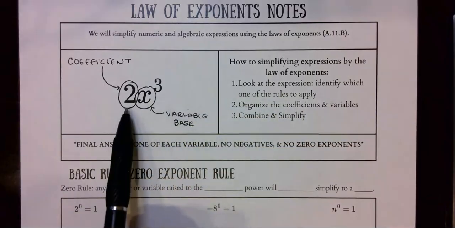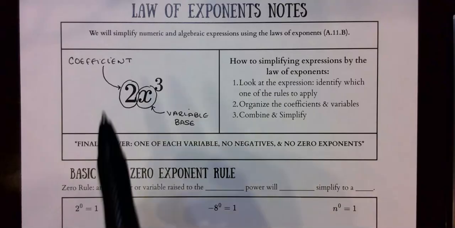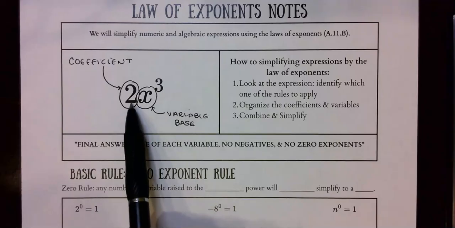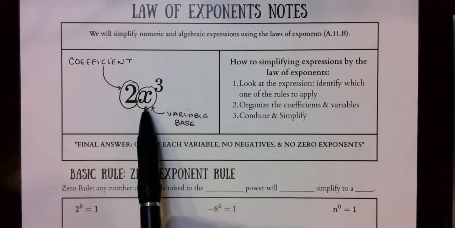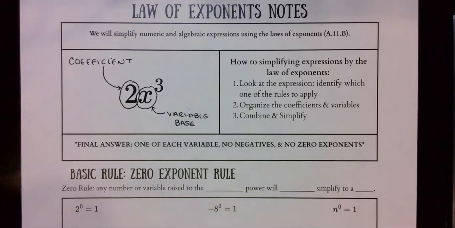Now, a coefficient can also be considered a base if it has an exponent attached to it. So in this case, the 2 does not have an exponent on top of it, so that's why we're not writing base for the number 2. So the big number is going to be our coefficient. Our letter is going to be our variable. And in this case, this variable has an exponent, so it's also considered a base.